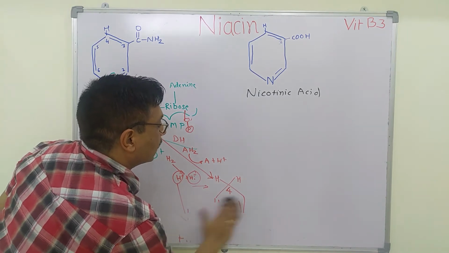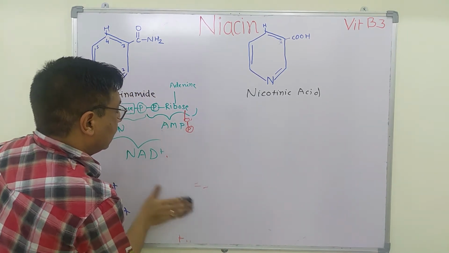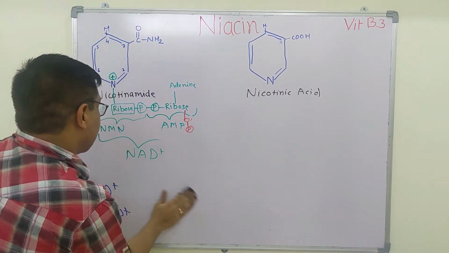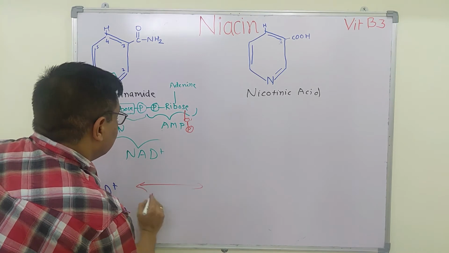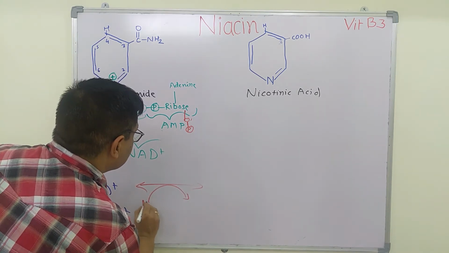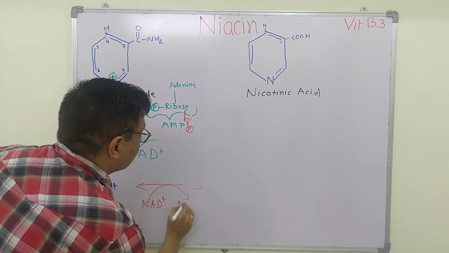NAD and NADP both take part in dehydrogenation reactions, and most of these reactions are reversible. So NAD plus and NADP plus are again regenerated when the reaction is reversed.